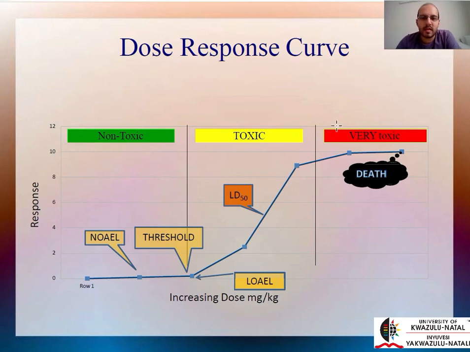Okay. LD50 over here stands for lethal dose 50, and this is typically the dosage required to adversely affect or even kill at least 50% of the population that you've studied. Okay, we'll talk about this a bit more as we go along.